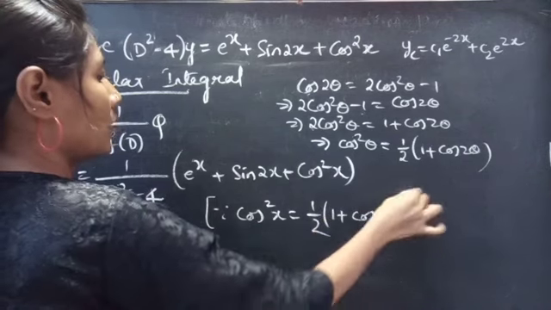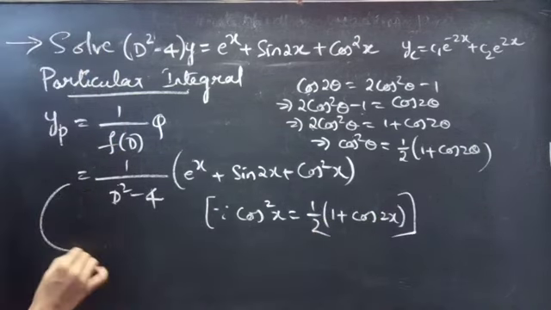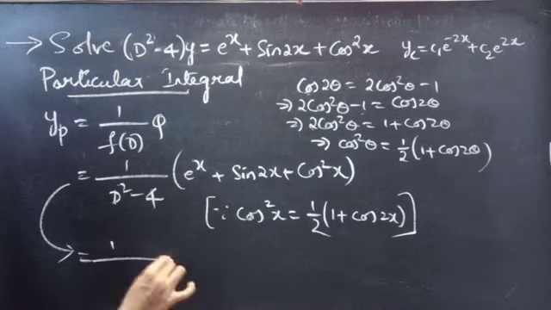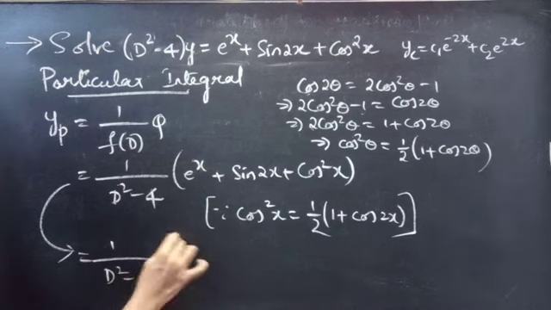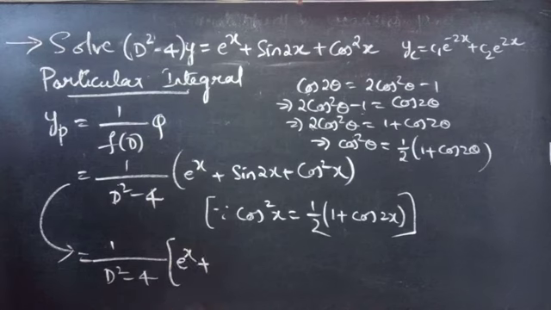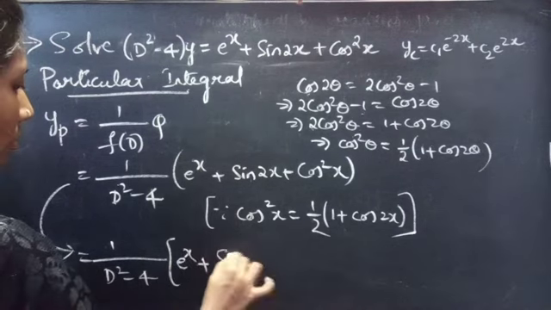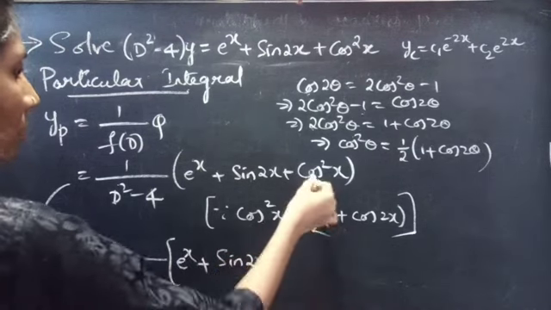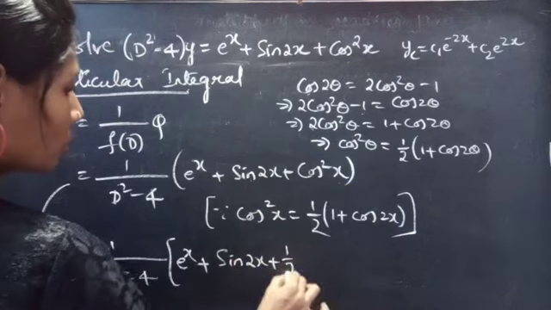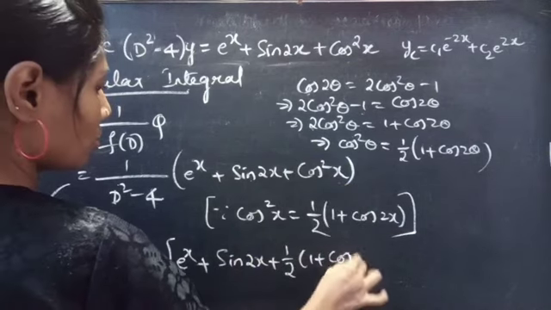Now this becomes 1 by D square minus 4 into e power x plus sin 2x plus, replacing cos square x by 1 by 2 into 1 plus cos 2x.